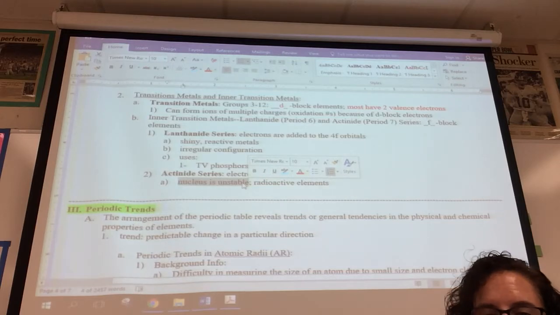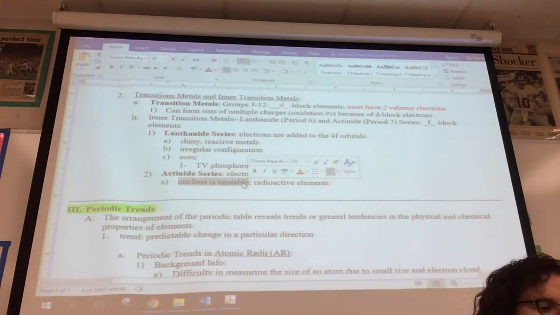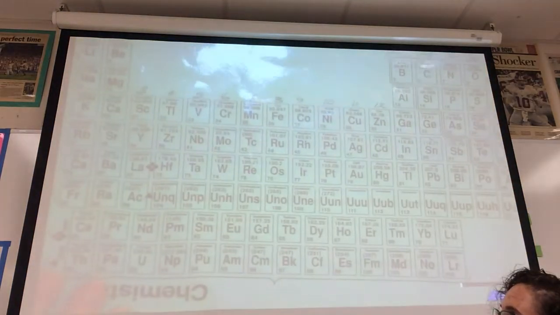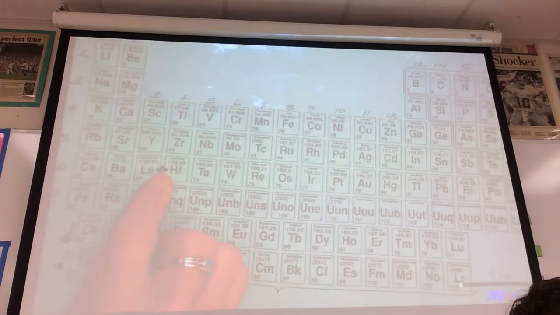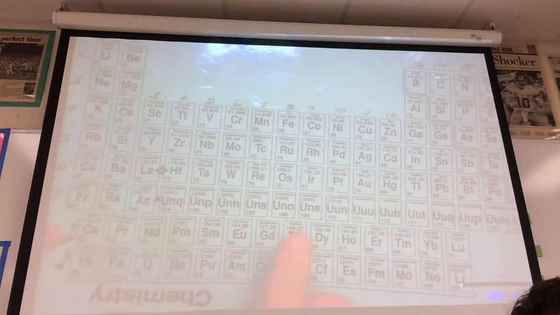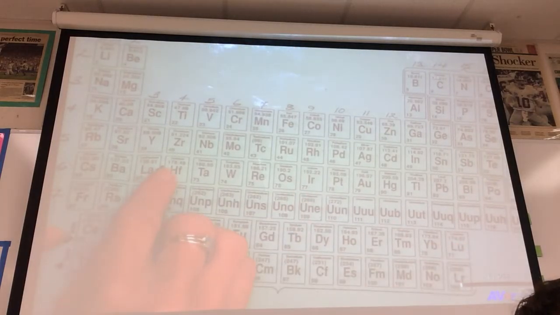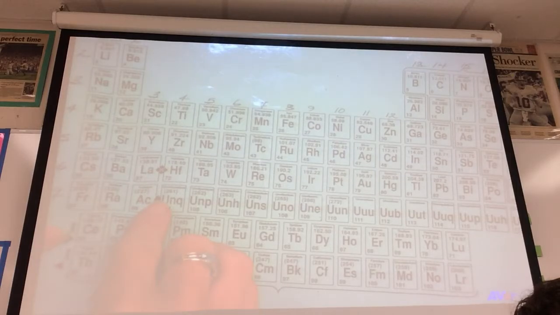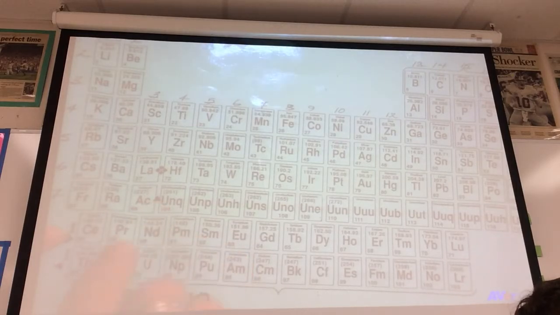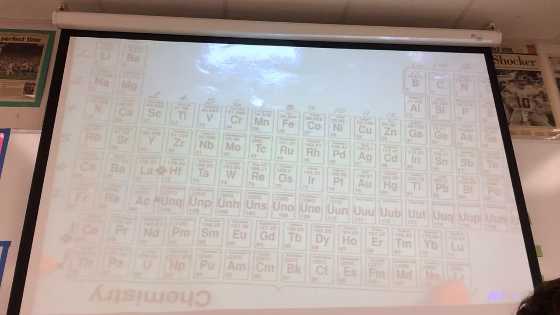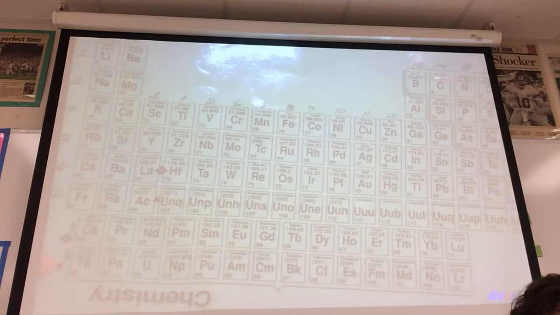On the periodic tables that I gave you, I believe it's most evident. This is your lanthanide series, your 4f. And right here after actinium, you've got your actinide series. This is the 5f, and all isotopes of these elements are radioactive.